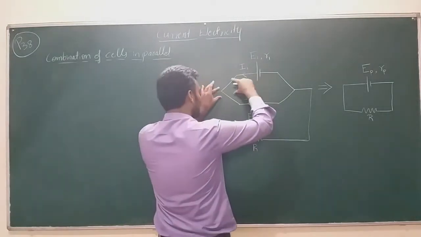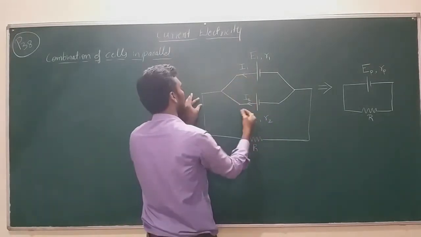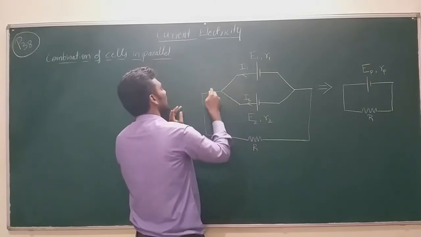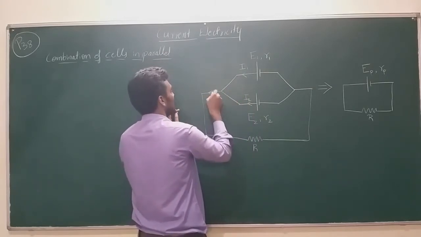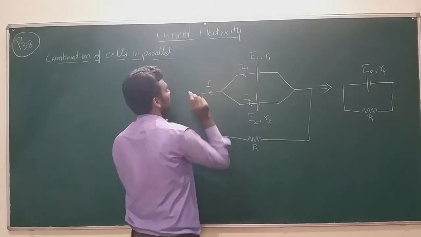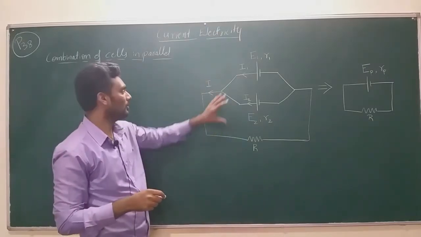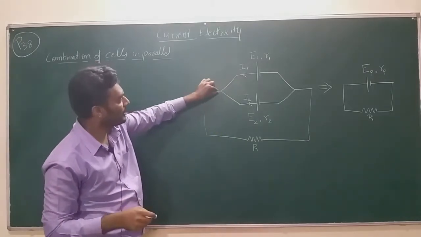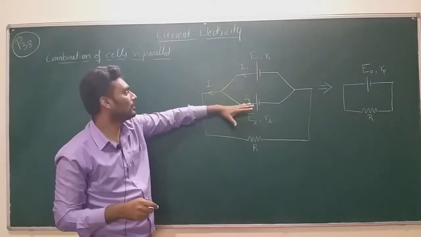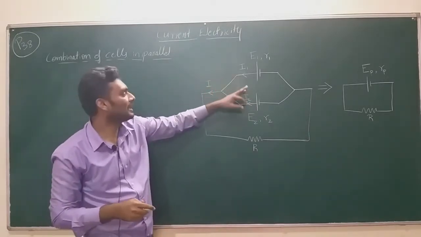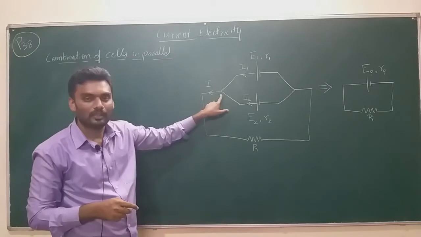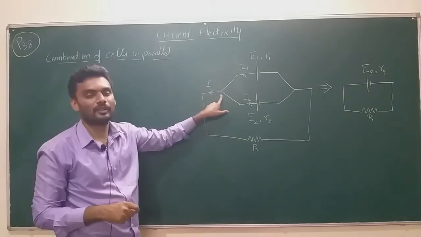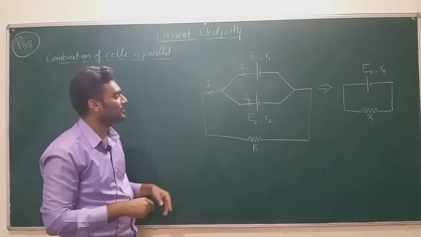Now when both of them combine together, I1 and I2 come together, and the net or total current flowing is simply I. Both the currents join here. How we add two currents at a junction, we'll get to know when we discuss Kirchhoff's law in the next session.